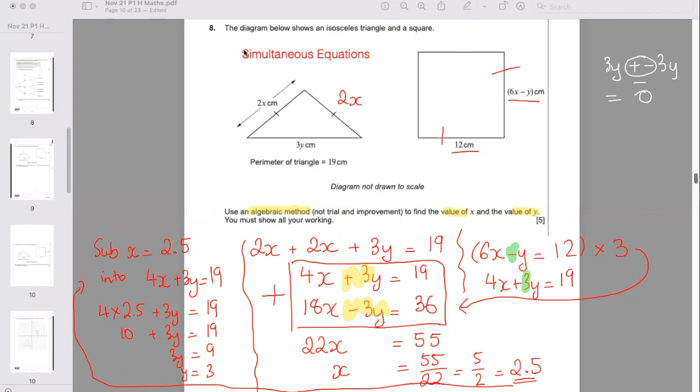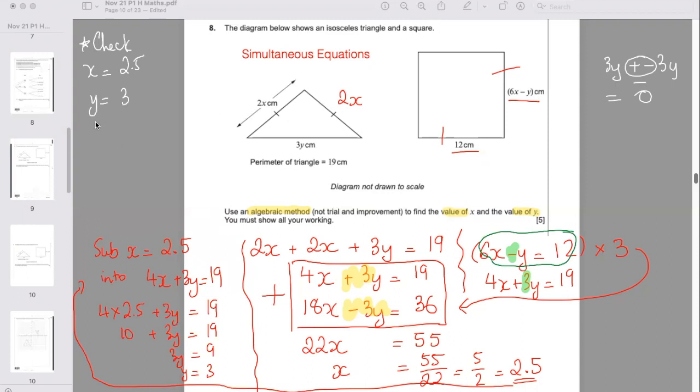The final step I'm going to do here, which is really important too, is you're going to check x equals 2.5 and y equals 3 in the other equation, which is this one here, and see if it works.